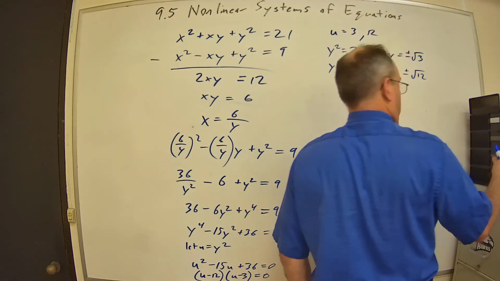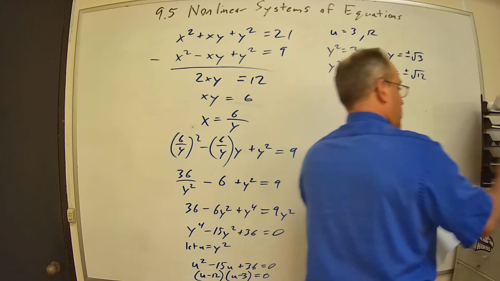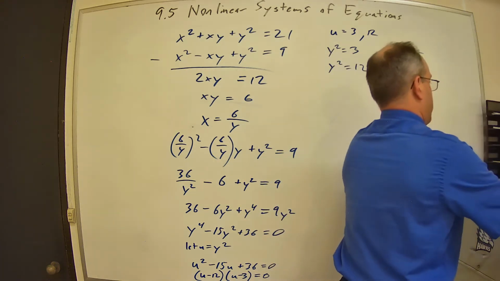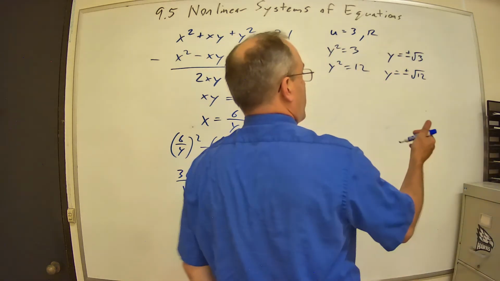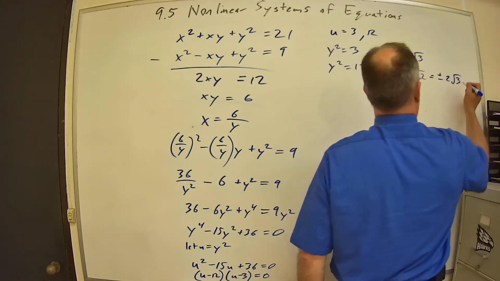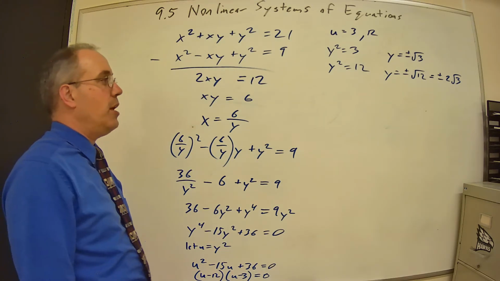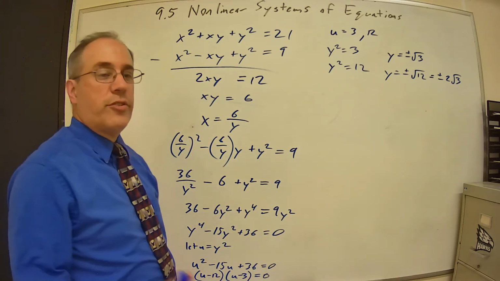So I can say, and I'm going to move this out of the way, just give myself a little more working space. There we go. So I've got y equal to plus or minus the radical 3, and y equals plus or minus 2 radical 3.